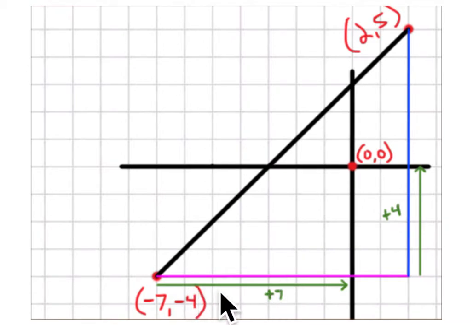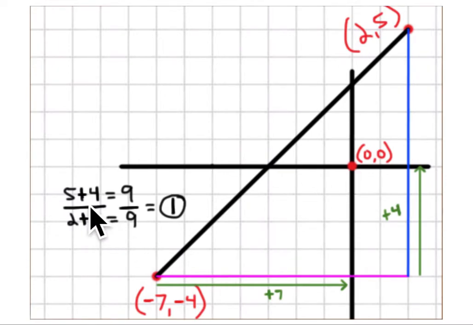So 2 plus the 7 units to move the slope triangle to here, and 5 plus 4 units to move the slope triangle up to here. So 5 plus 4 is 9, and this vertical length is 9 units. You just count to check. 1, 2, 3, 4, 5, 6, 7, 8, 9.